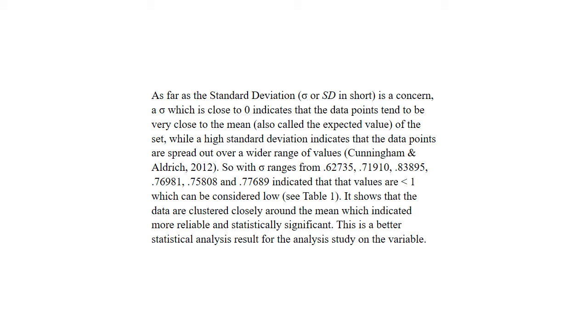Most of the values, like 0.6 and 0.7, are less than 1, which is considered low, and it shows that the data is clustered close to the mean, which indicates more reliable and statistically significant results. Okay, this is a better statistical analysis result for the study on the variables, meaning that the result of this SD is within expectation.